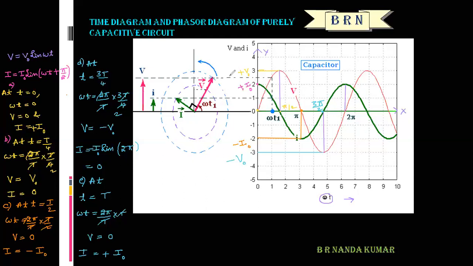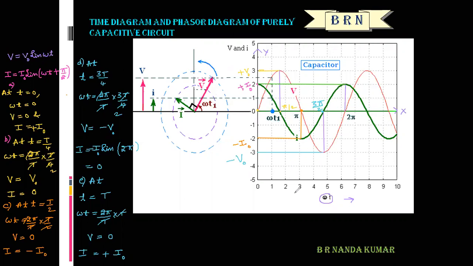The current is plus I naught, but the voltage is equal to 0, right? So this is the time varying current and time varying voltage in a purely capacitive circuit.